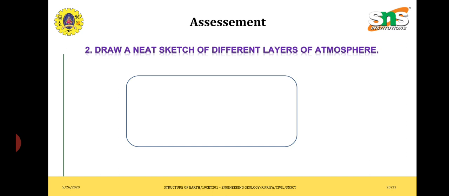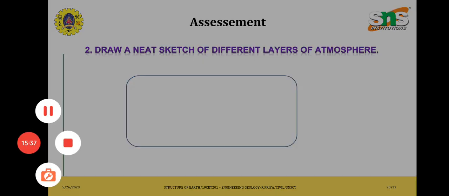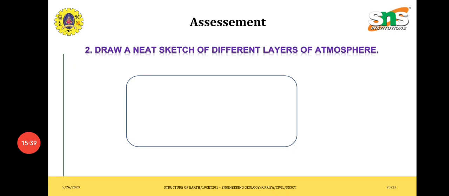We have seen the 5 layers, so draw a neat sketch, label it, and also mark their kilometers. The troposphere ranges from which kilometer to which kilometer, and similarly the stratosphere. Mark each layer by the kilometers it has.